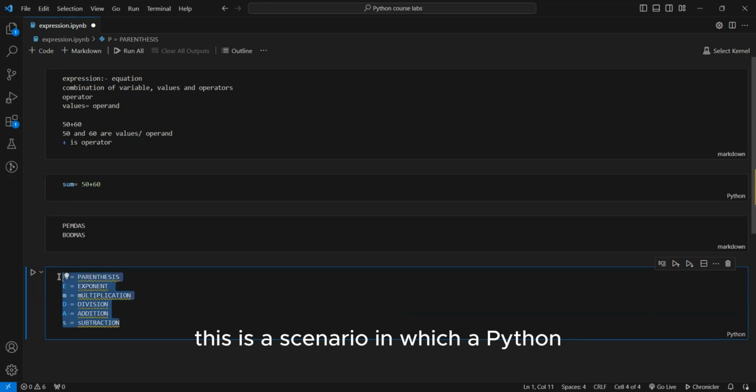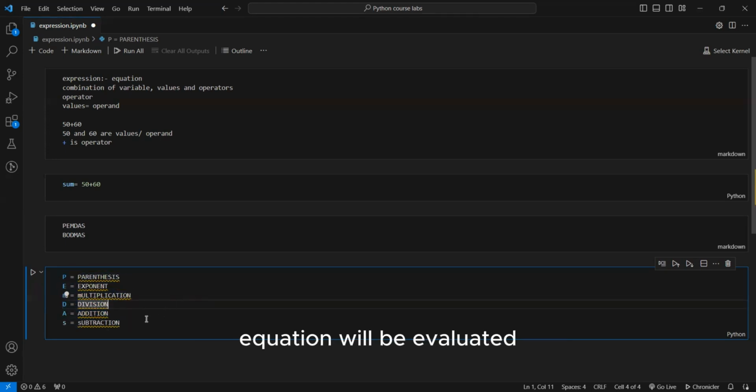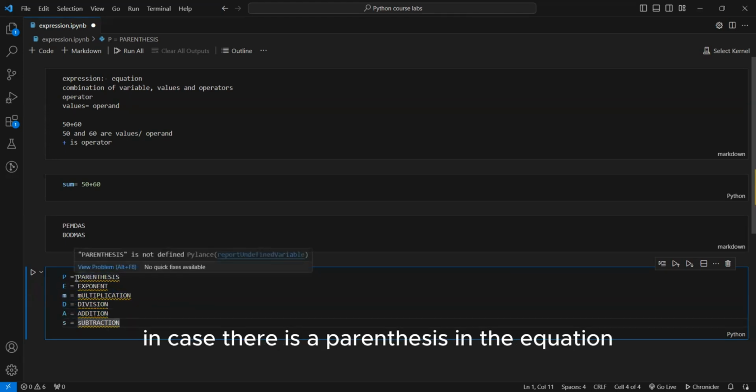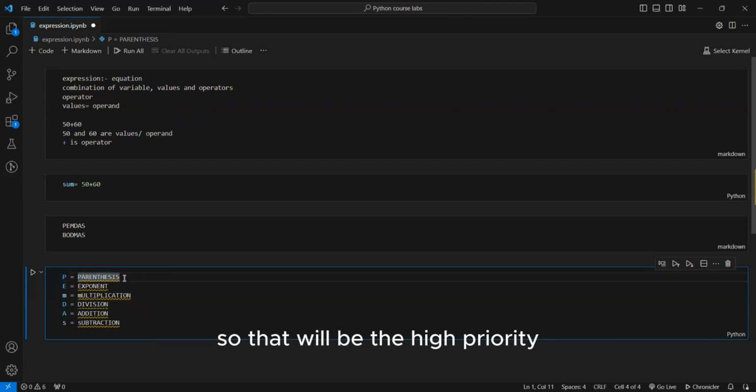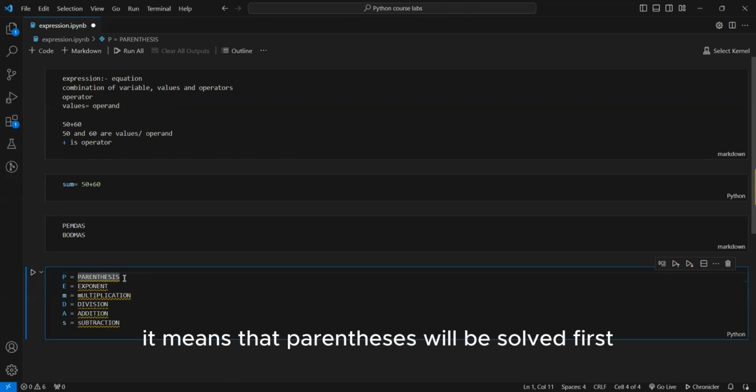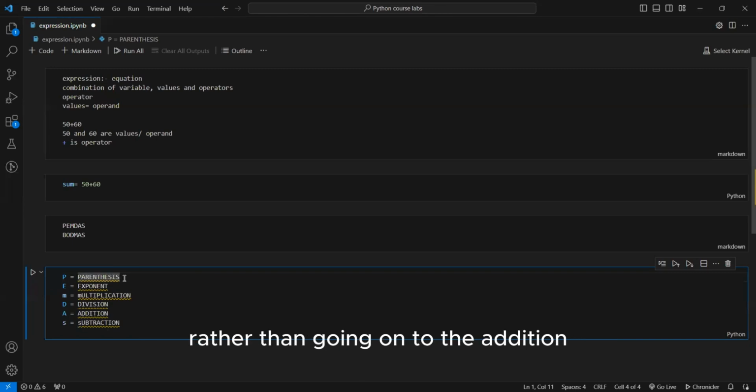This is the scenario in which our Python equation will be evaluated. In case there is a parenthesis in the equation, that will be the high priority. It means that parenthesis will be solved first rather than going on to the addition, subtraction, division, or multiplication.